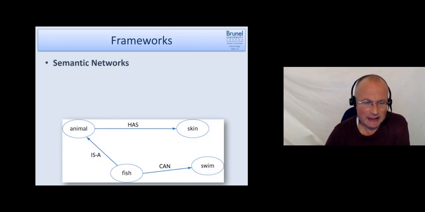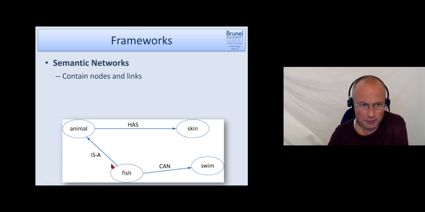So in semantic networks, we have something which is called nodes. These are the nodes, the circles here, and links. The links connect the nodes with each other. The nodes stand for concepts. Here we have the concept of animal, the concept of skin, the concept of the activity swimming, the concept of fish.